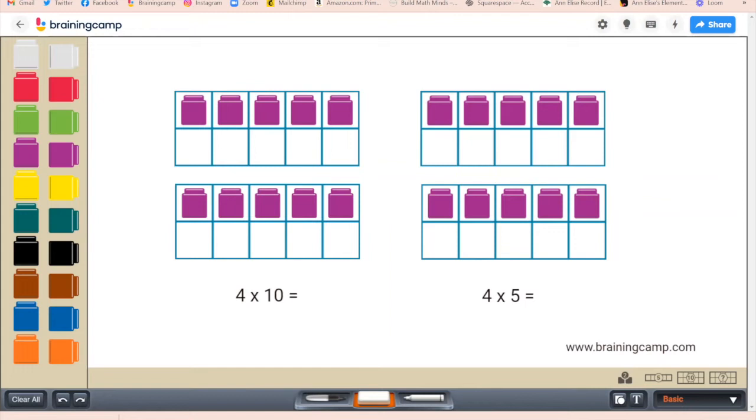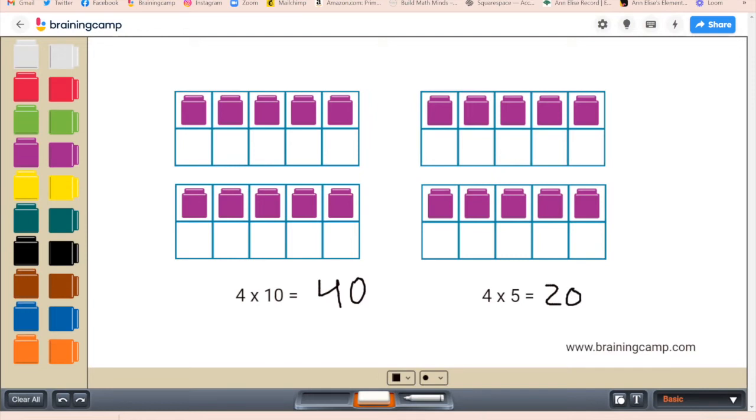Let's imagine though, that each of these 10 frames was full. It would be 4 groups of 10, 4 tens, and the total amount of cubes would be 40. But as you can see, we don't have 4 groups of 10, we've got 4 groups of 5, which is half as much. Each of these is half as full, which means our total amount must be half of the 40. It must be 20.